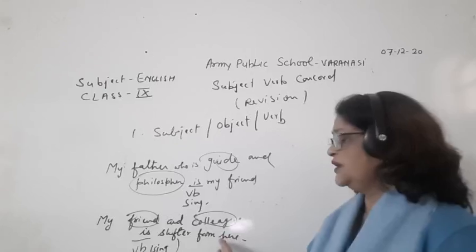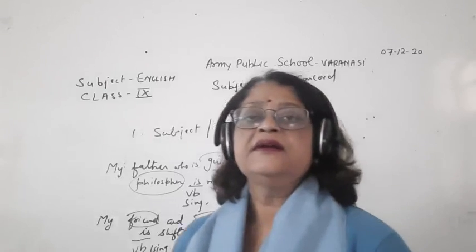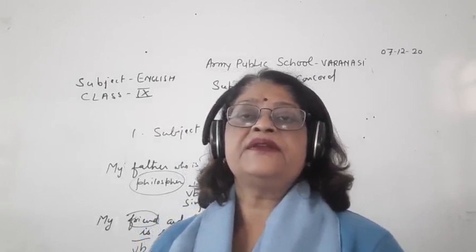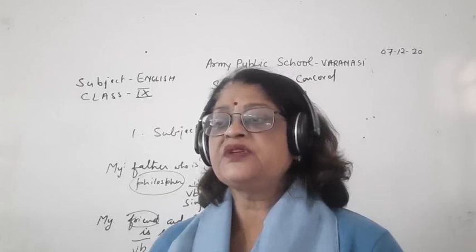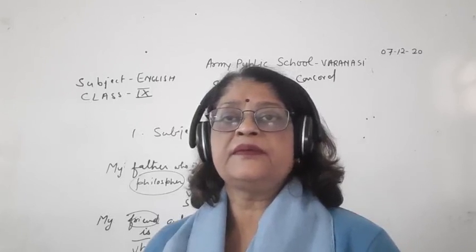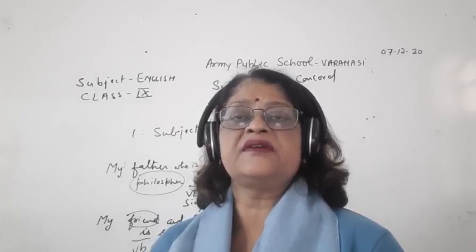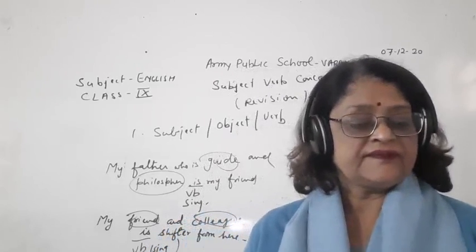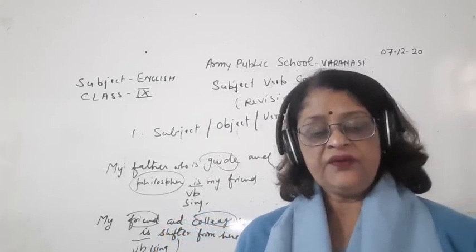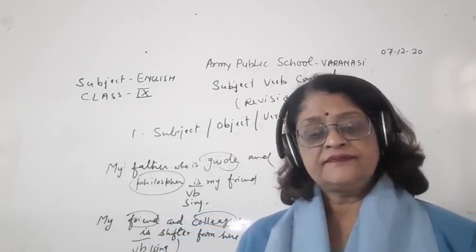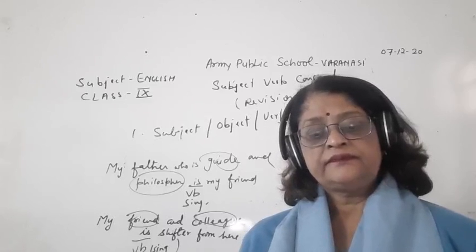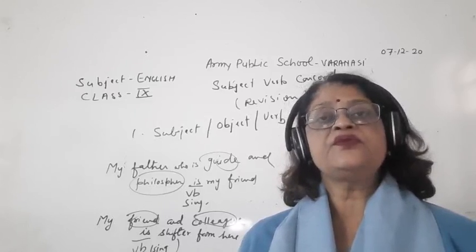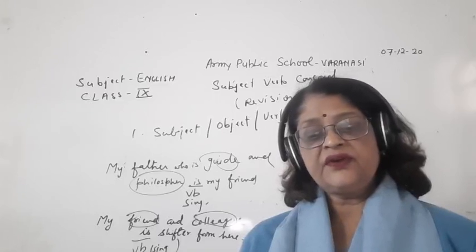My friend and colleague. My friend. So these two are the same person. So children, you have to remember this thing, that when two characters are of the same person, then the verb will be singular. Okay, so this was the rule. So when two singular nouns refer to the same person, the verb must be singular.